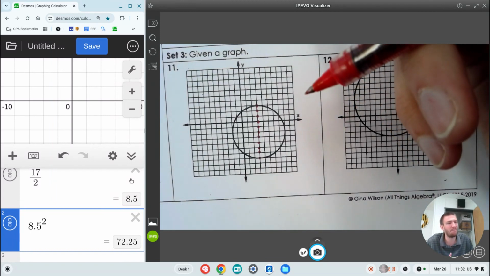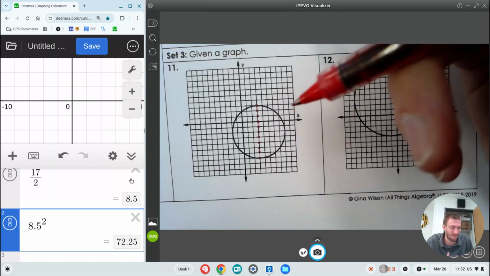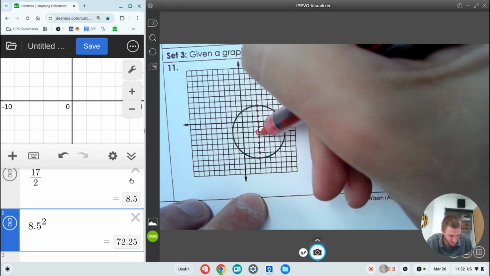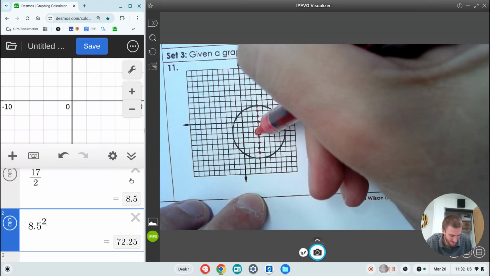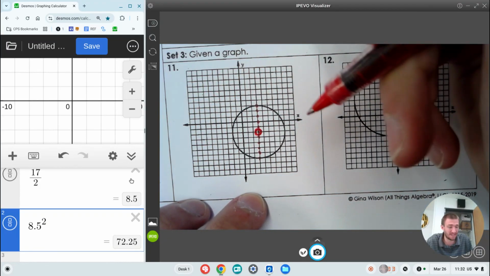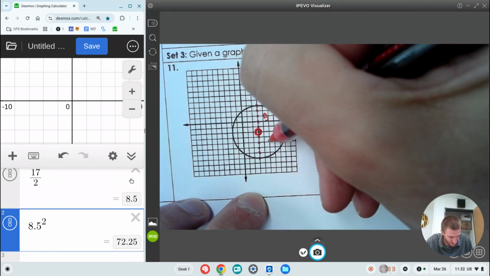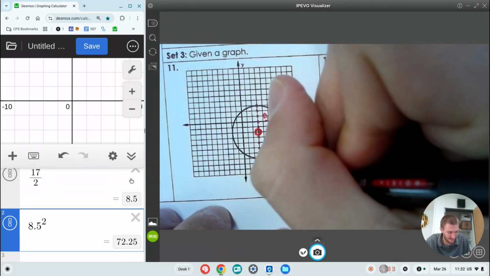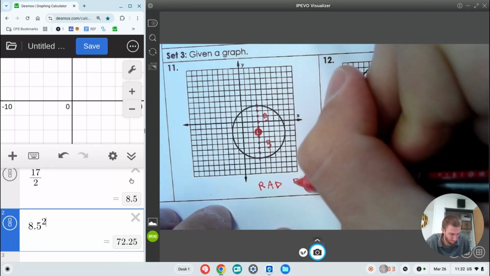I need to go to the middle of 10. I need to go 5. 1, 2, 3, 4, 5. This is my center. And I also just counted 5 and 5. So my radius is 5.